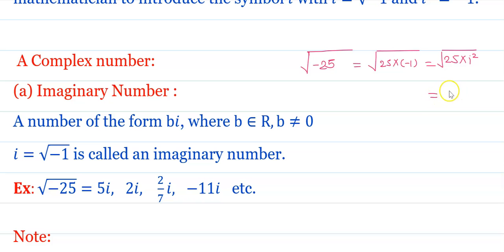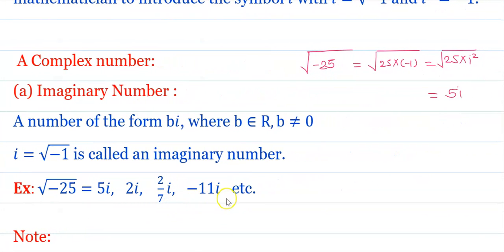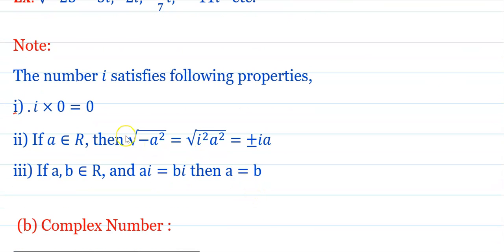If you take its square root, then you are getting 5i. Next to i, 2 by 7i, minus 11i and so on. Okay. Next, the number i satisfies the following properties. i into 0 is 0. a belongs to set of real numbers and root of minus a square.